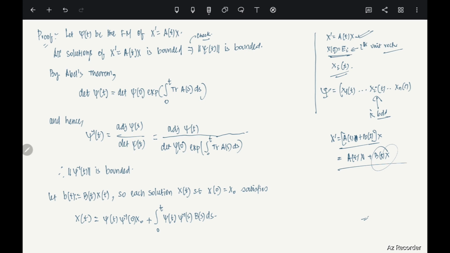Now see, if one defines C as the maximum of the supremum over t greater than or equal to 0 of the norm of phi of t, and the supremum over t greater than or equal to 0 of the norm of phi inverse of t.